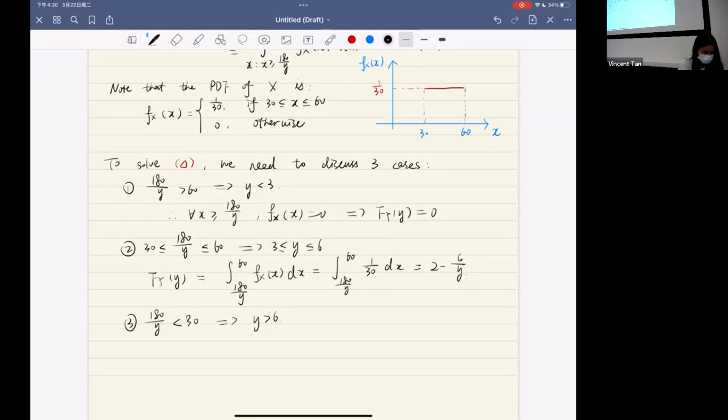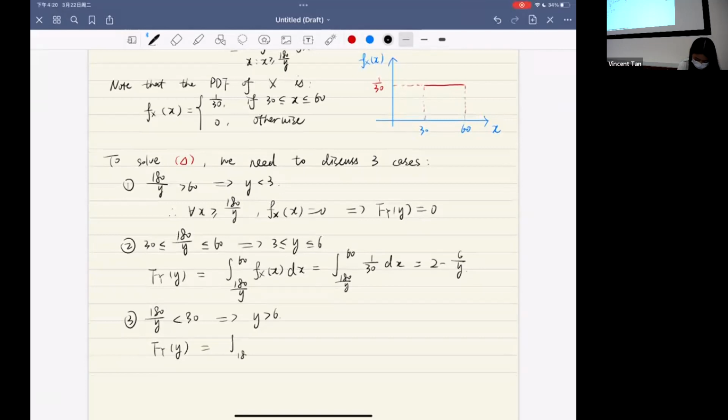And again, for any x, first we integrate from this to 30, and f of x is 1 over 30.